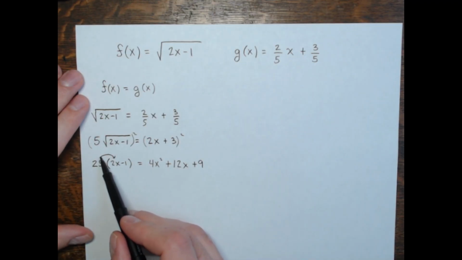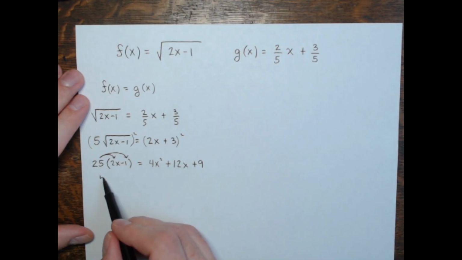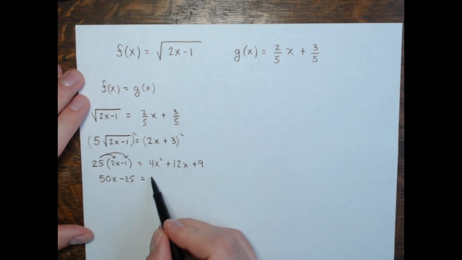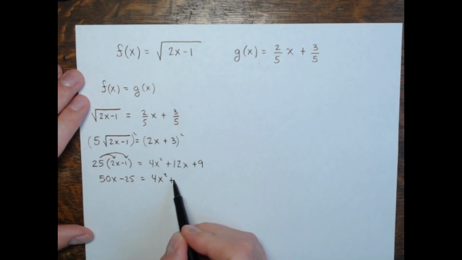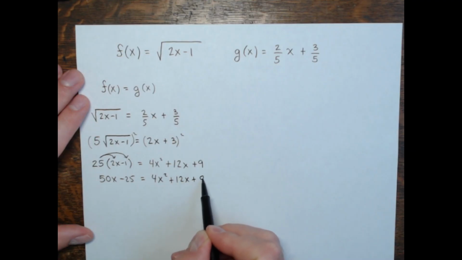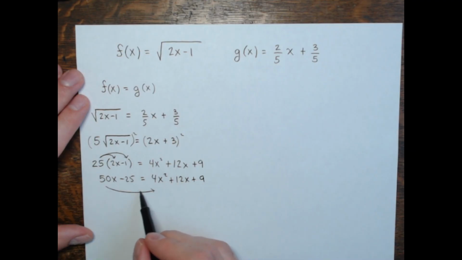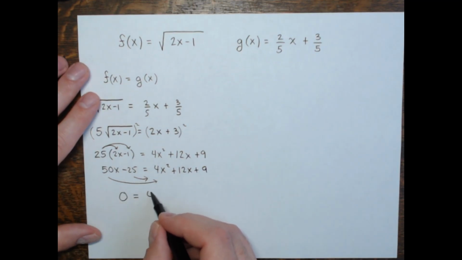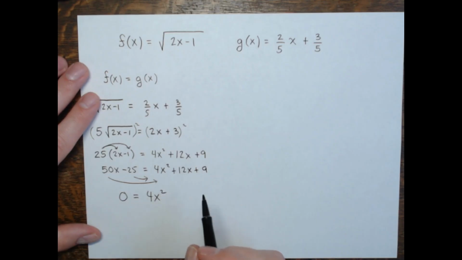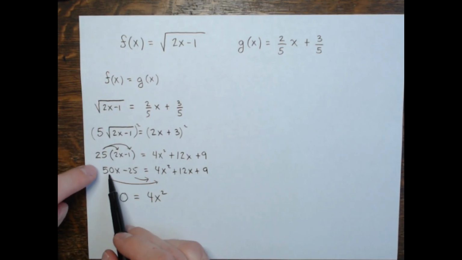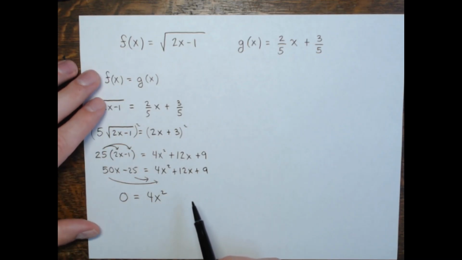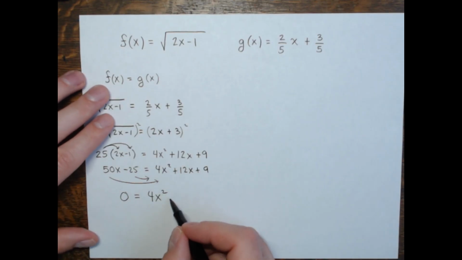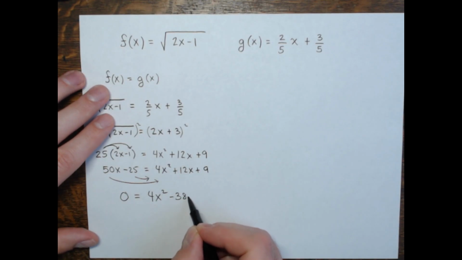And now I have a quadratic to solve. Distribute the 25 here. So we now have 50x minus 25 equals this, 4x squared plus 12x plus 9. Take everything to this side over here, get 0 on one side. So we got 0 equals 4x squared. Now 12x minus 50x, that'd be negative 38x.